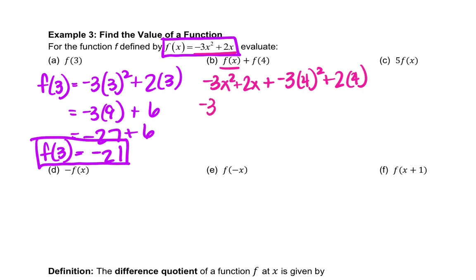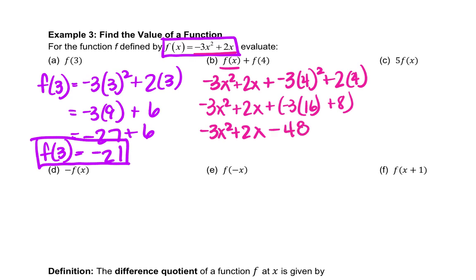So we got negative 3x squared plus 2x plus negative 3 times 16 plus 8, so minus 48 plus 8.